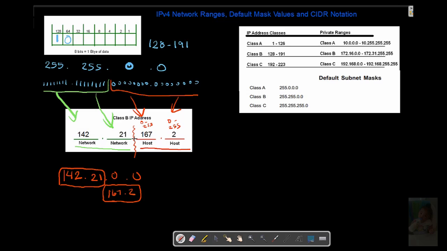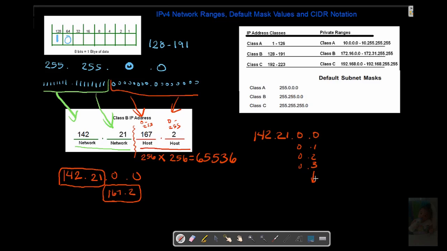Recall that these octets, anything from 0 through 255, so this first block here can have 256 potential combinations or numbers in it, and this guy can have 256 potential numbers in it. When you multiply those by each other, you will find that our networks can have 65,536 unique addresses in there. The unique addresses are everything from 142.21.0.0 to 0.1, 0.2, 0.3.